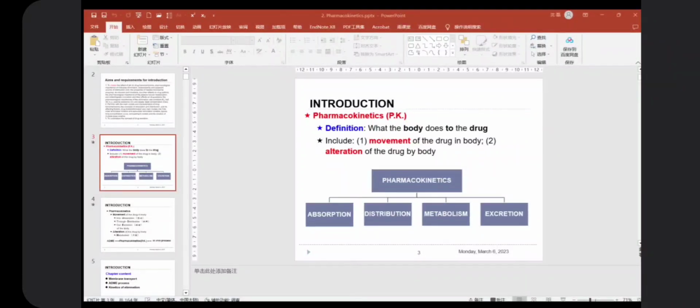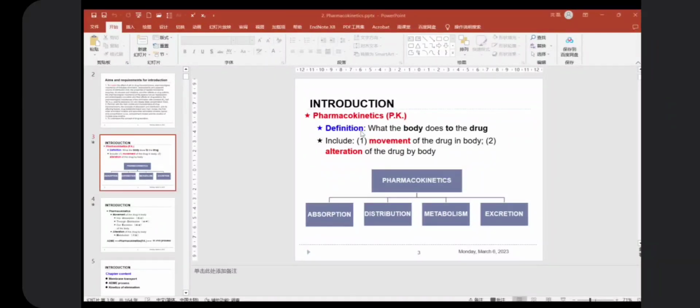Okay, come to see the slide. The PK process has four steps: absorption, distribution, metabolism, and excretion. Let's see the differences. Absorption means the drug enters our body, distribution means the drug goes from the circulation to different tissues, and excretion means the drug leaves the body.